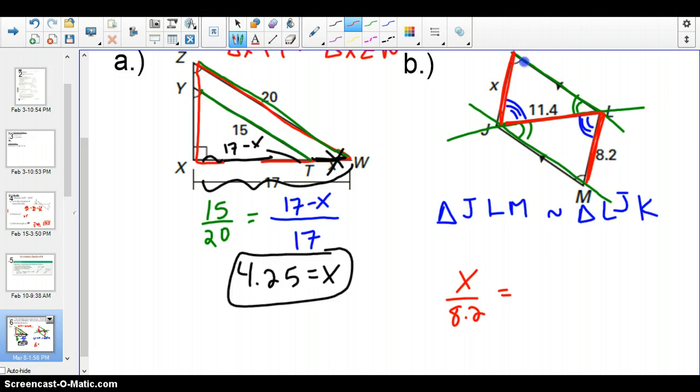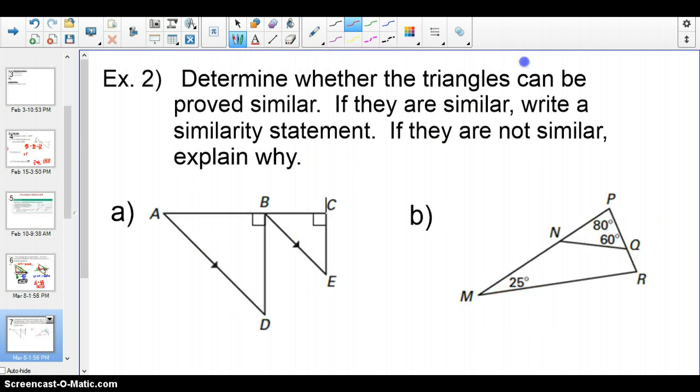This side is corresponding and it's proportional, so just go with it. 11.4 must be proportional to 11.4, and they're actually equal. So just by looking at this proportion, x should be 8.2.